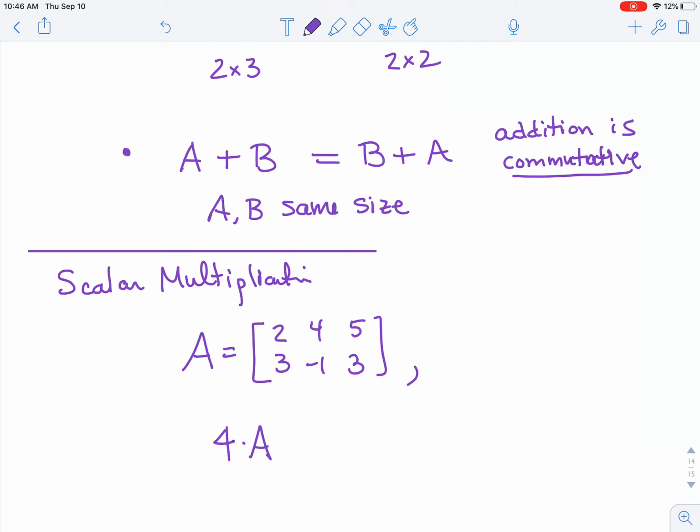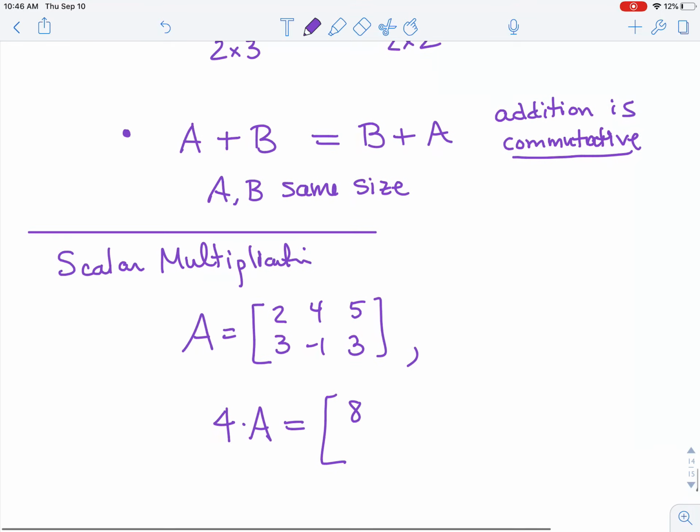Well, that's just going to be multiply every entry by 4. Okay? So we're going to define scalar multiplication as just multiplying every entry by that scalar. So I hope I don't make any typos in these videos.